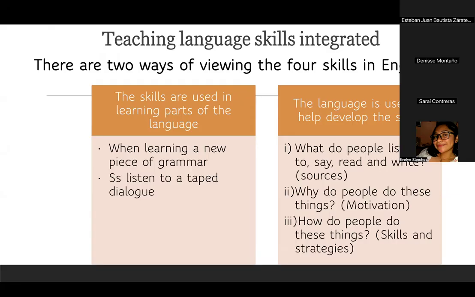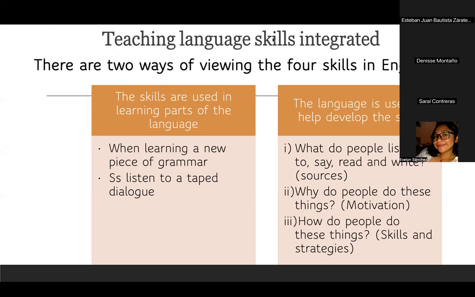And the idea of teaching integrated skills becomes not only popular, but also a reflection of how the communicative approach is enhanced.